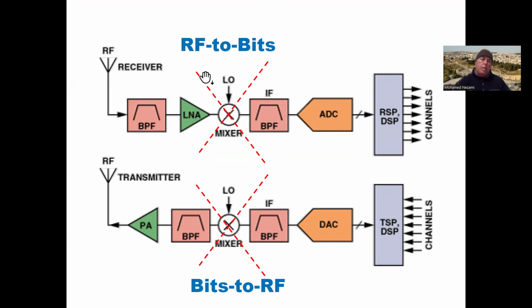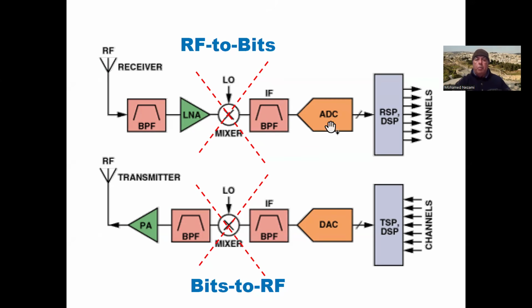Okay, so the slide here is what it's all about. What we're talking about is really RF to bits, meaning we're not going through an intermediate frequency conversion, be it a single conversion or multiple conversions or even direct conversion receivers. We're not doing that. We're eliminating the local oscillator, LO, and the mixer.